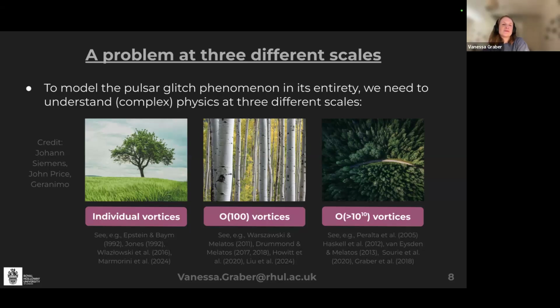So there is some room there to look into the physics of the individual vortices that we haven't really done. On the second part, the forest picture, we've had several people looking into this using GPE models, very much like in lab systems. And Lisa spoke about this, I think, 2 webinars ago, so go and check out her talk if you want to learn a little bit more about this.